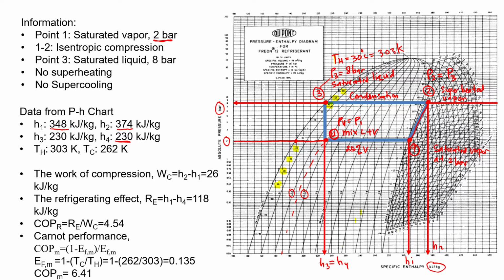And then T low is here. It's in between minus 10 and minus 20.